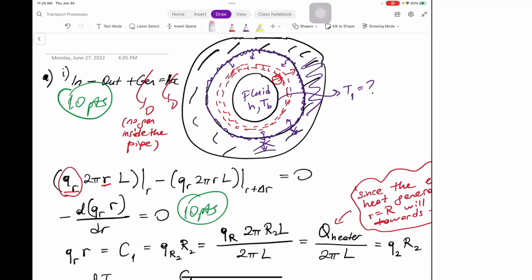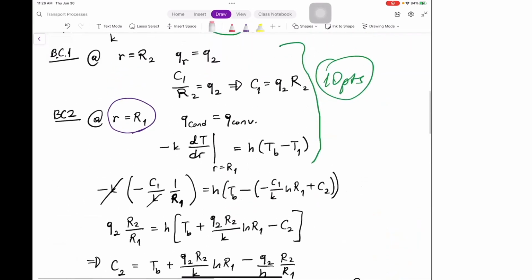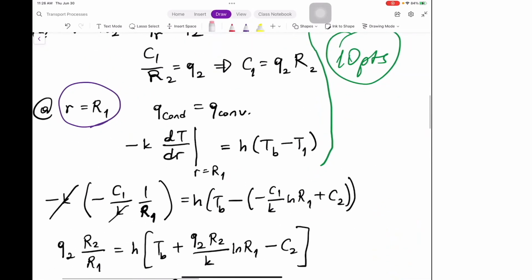Let's see. Yeah, if the heat transfer coefficient between the boiling fluid and the pipe wall is H. Yeah, exactly. So we know that the fluid must be at its boiling temperature, constant temperature.